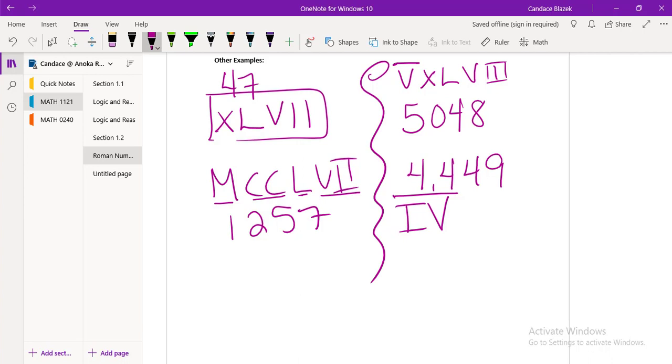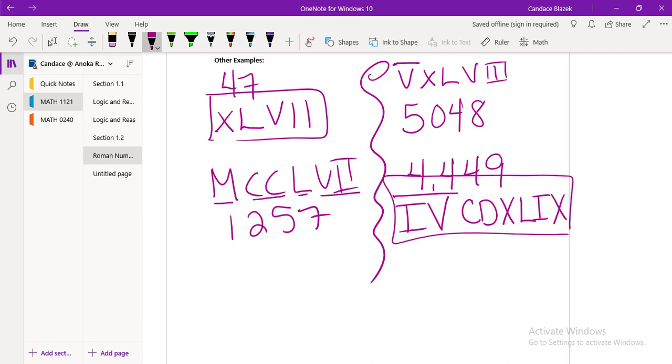For 400, we have to put a C before the D. That's 100 before 500. For the 40, we have to do an X before the L. That's 10 before 50, so that's 40. And for the 9, we have to put the I before the X. 1 before 10 is 9. And this is how you would write 4,449. Let me know if you need additional examples.